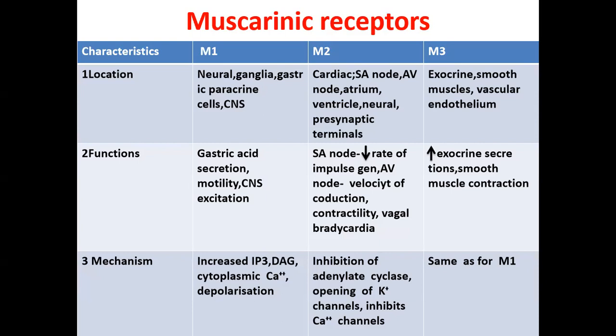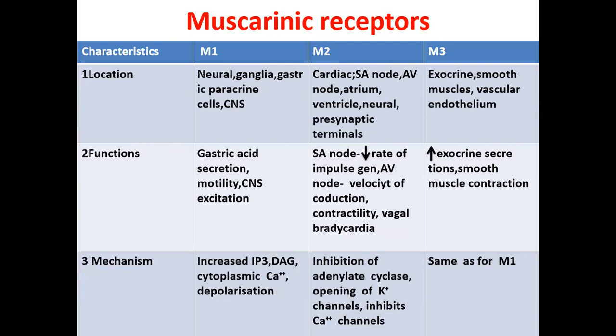What are the functions of M1? M1 results in gastric acid secretion, increases GI motility, and causes CNS excitation. The M2 receptors present in the heart act on the SA node, decreasing the rate of impulse generation.